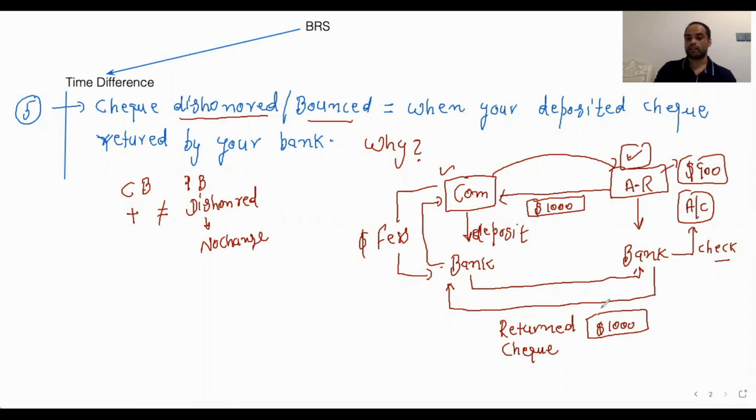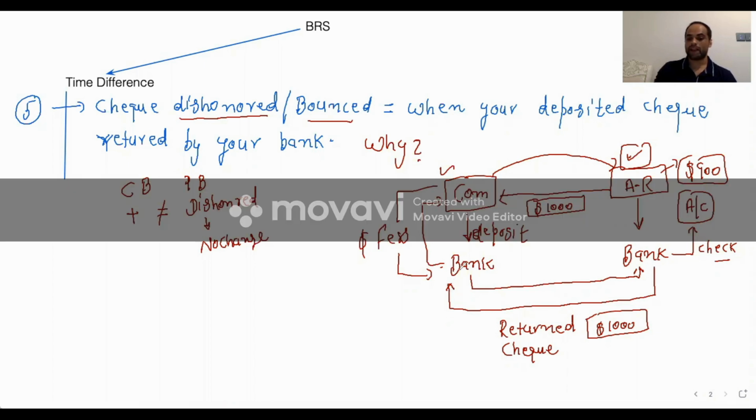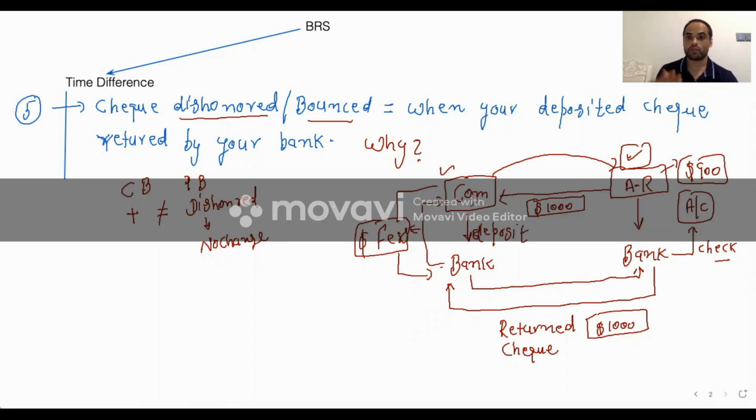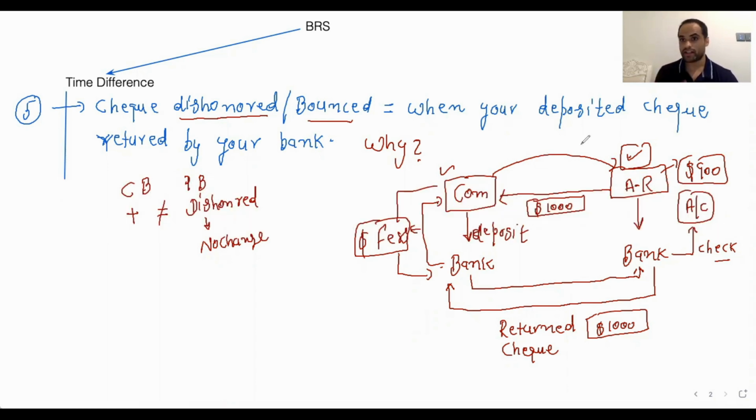If it's not, then your account receivable's bank will return this $1,000 check back to your bank, and your bank will contact you, and at the same time your bank is also going to charge some fee from you because it's not a free service. You have to pay those service charges or bank charges, whatever you want to call it. So it means you did not receive money, but you are paying the bank for no reason. So you're not going to be happy. You're going to be really angry at your account receivable, and you may take some legal action for that unethical behavior.